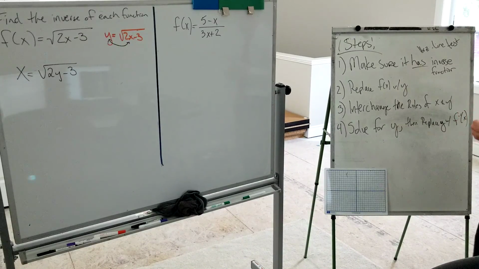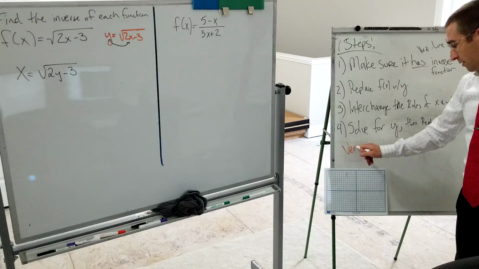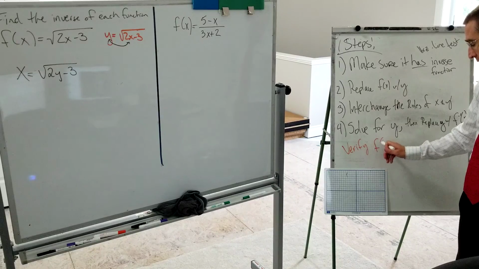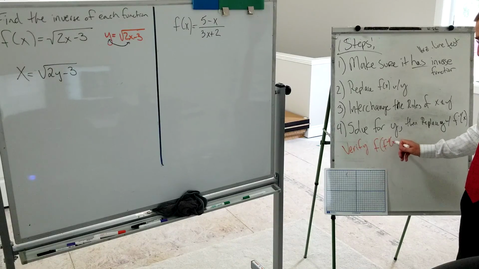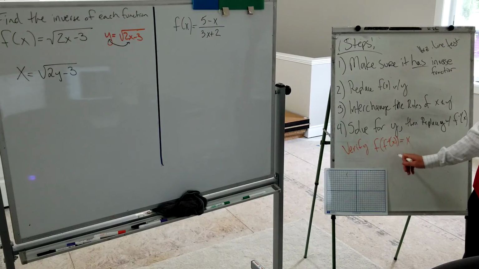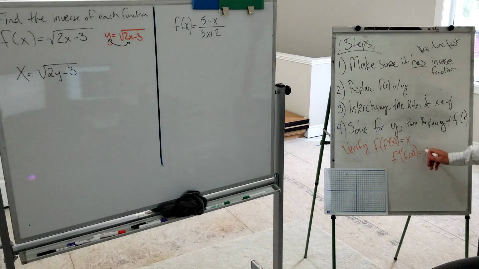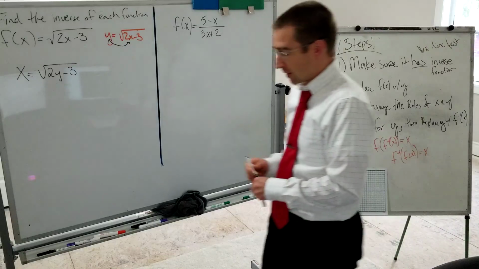And then the last thing you can do is verify f of f inverse of x equals x, or f inverse of f of x equals x. All right, so let's go ahead and solve.